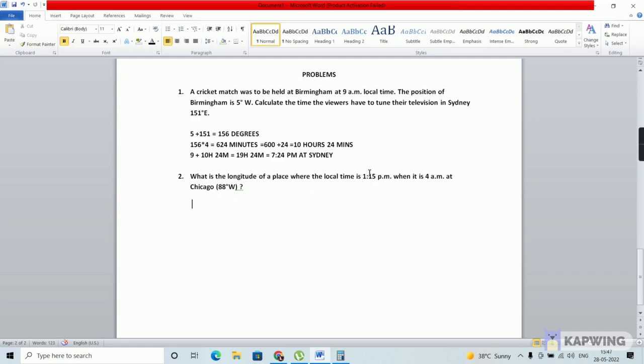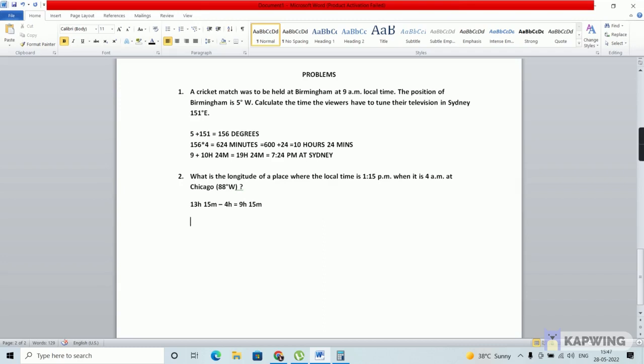this 1:15 p.m. can also be written as 13 hours and 15 minutes, right? So it is 13 hours and 15 minutes minus 4 hours, which is equal to 9 hours and 15 minutes. So these two places are 9 hours and 15 minutes apart.